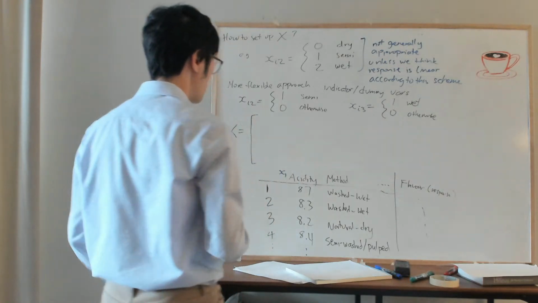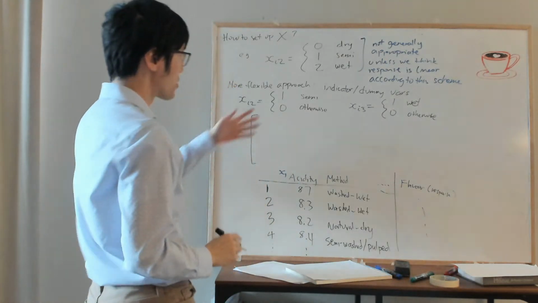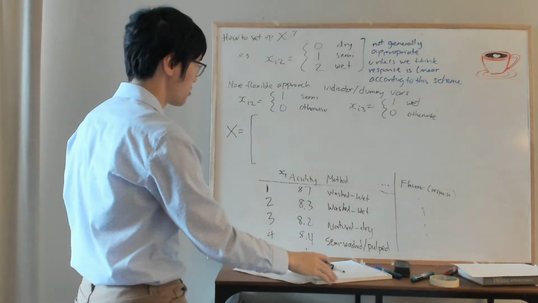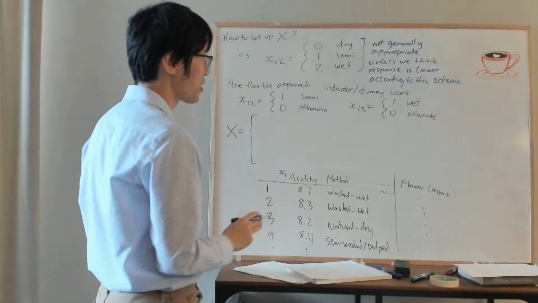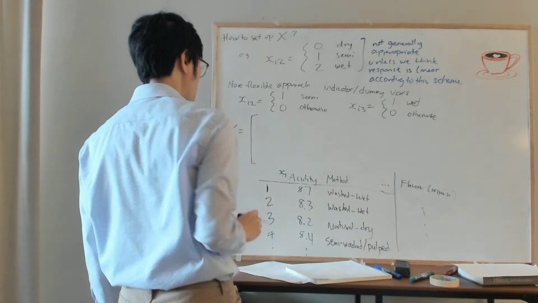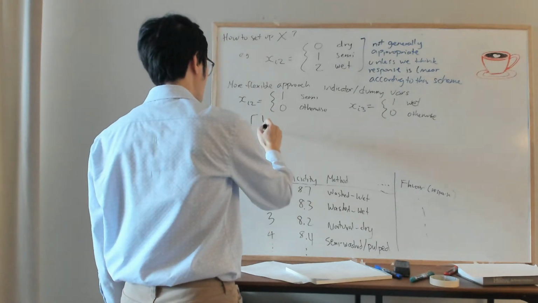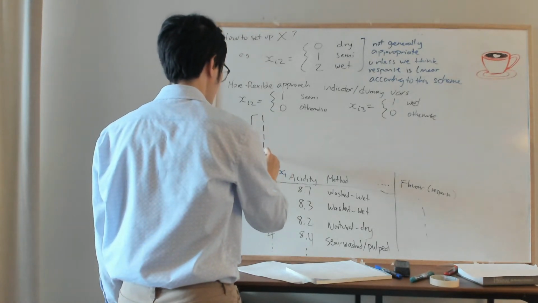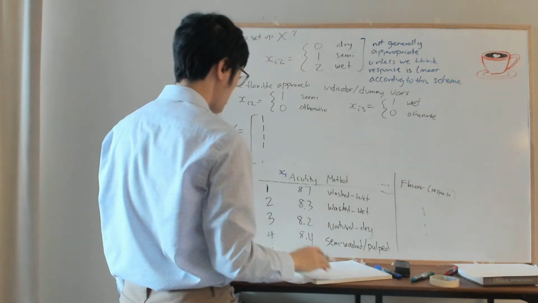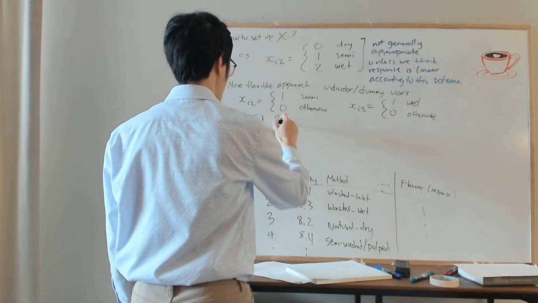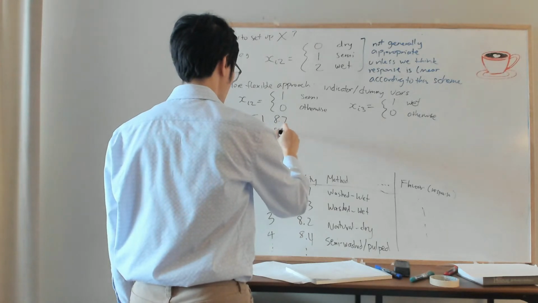Okay, and so with that coded, we can express our matrix for x. It's good practice to write it down so we see explicitly how it'll look. The first column is the intercept, so it's a column of ones. The next one we call acidity, so let's just put in numbers.